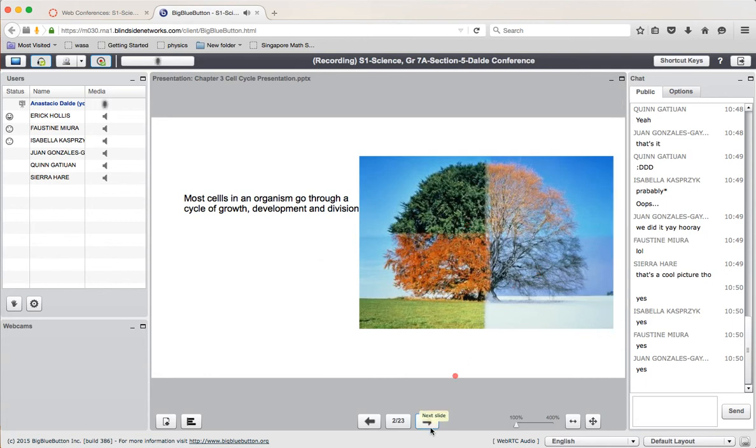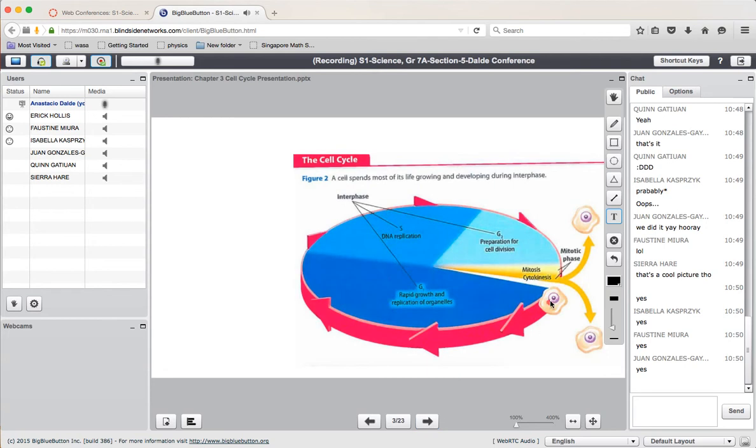Well, with the cell cycle, it starts here, and then it goes around the cycle, and then it goes to the end of the cycle, and then the cell no longer exists. I think of a cycle as something that happens over and over again. This is kind of one trip all the way around, and then that's it.